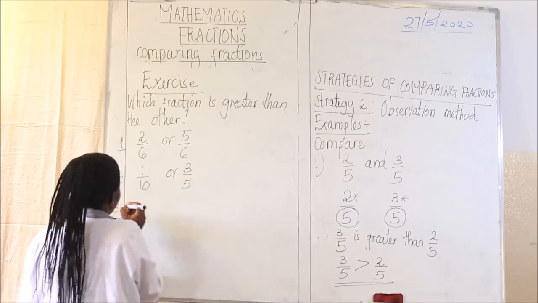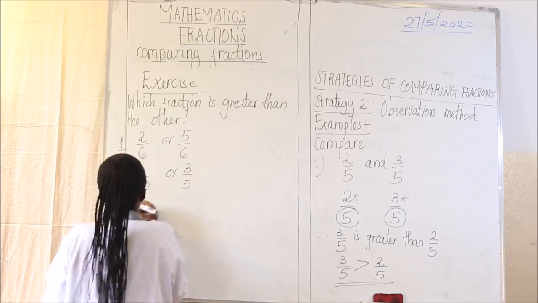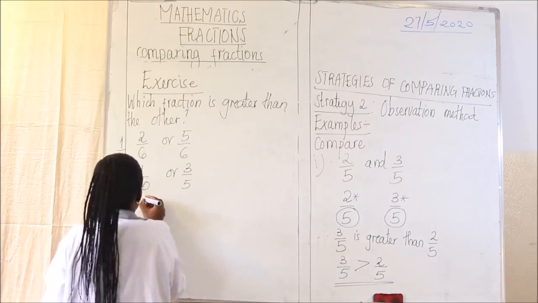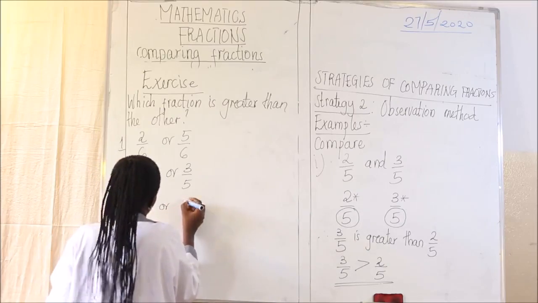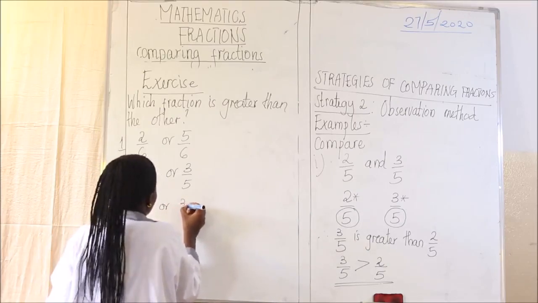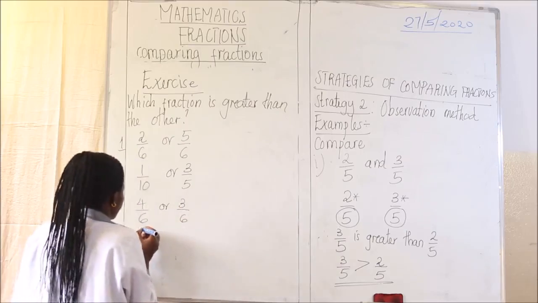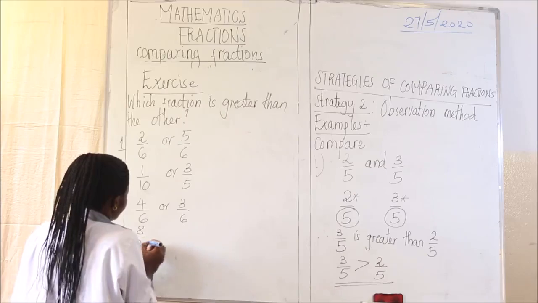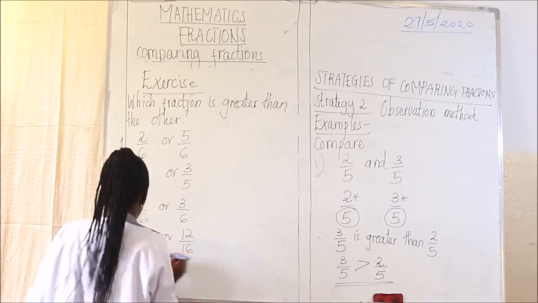Number 3, 4 over 6 or 3 over 6. Then number 4, 8 over 20 or 12 over 16.